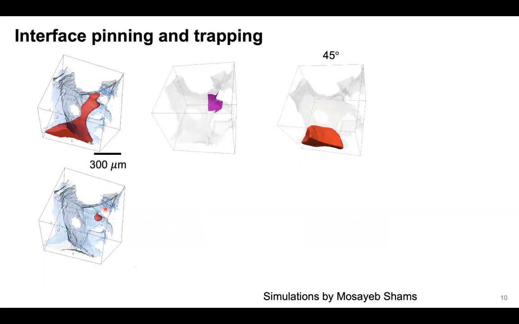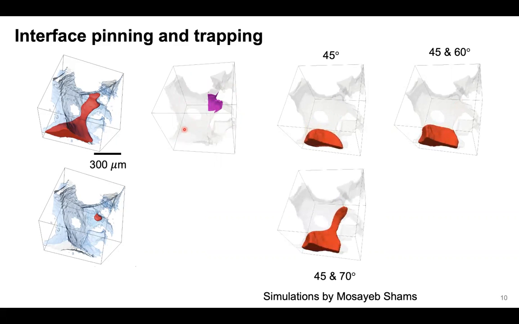And we said, okay, although we can't resolve the roughness, we know the contact angle changes. Maybe we can make a patch and give a different contact angle to this patch, and then the rest 45 degrees. And then we gave 60 to here and 40 to 45 to other places. We didn't see any trapping there.